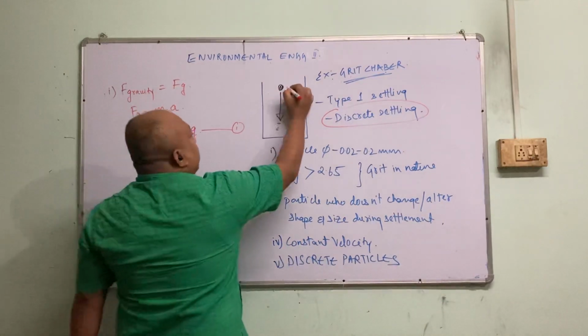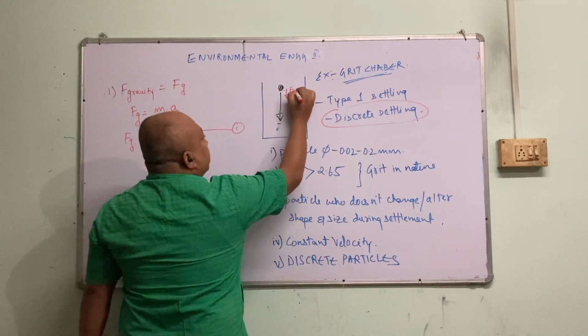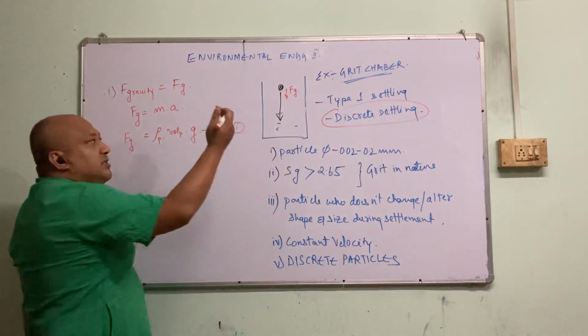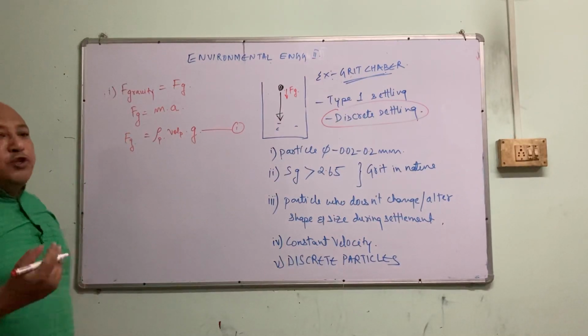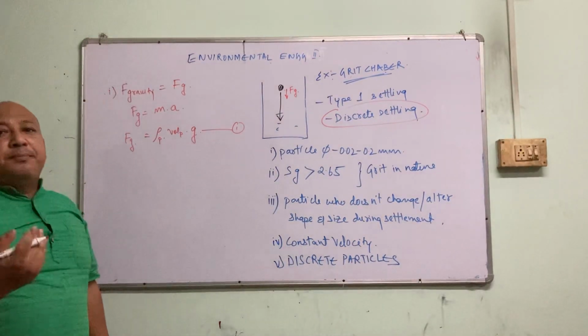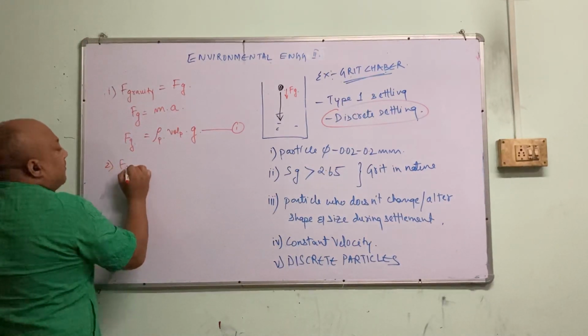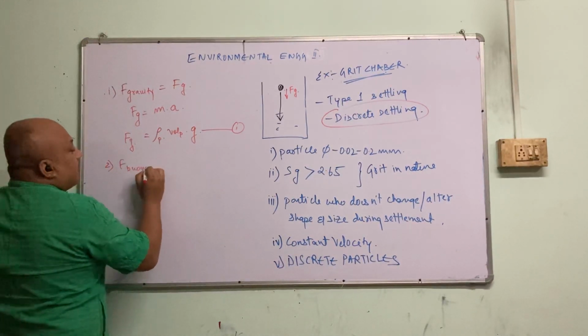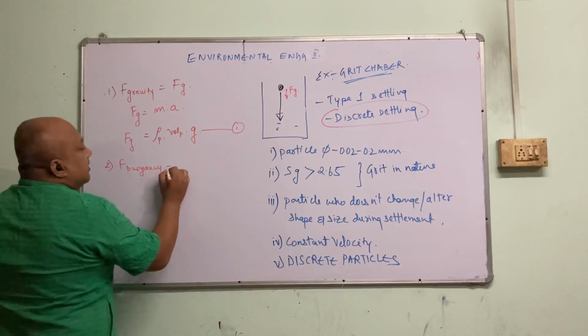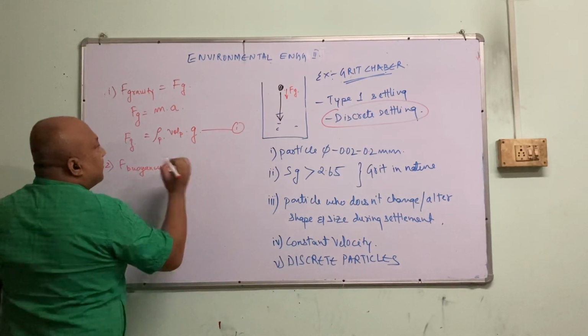Now here, it is coming down with Fg. The moment the particle settles down, there is a new force that is coming up. That is number 2, the force of buoyancy. It's called Fb.